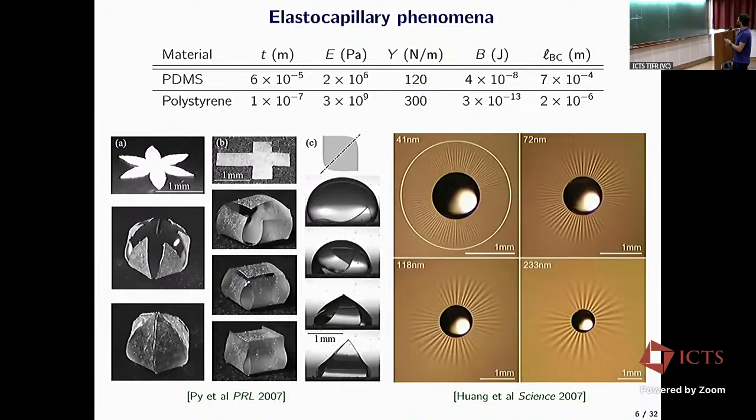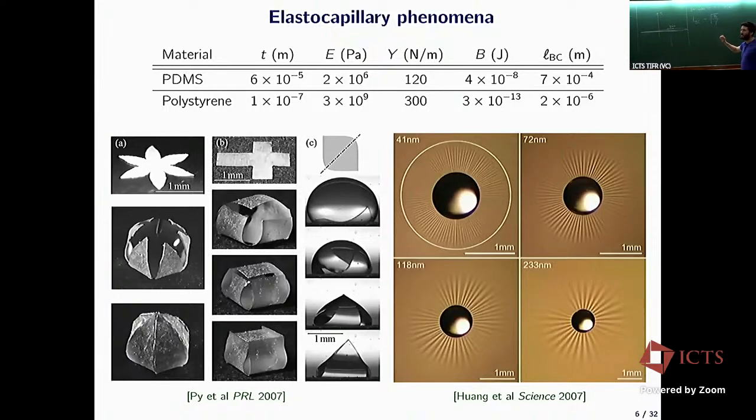And then we want to compare it to the bending modulus, but of course they don't have the same dimension, so we cannot compare them directly. To do that, comparing the two defines the bendo-capillary length, which is defined as the square root of B over gamma, the surface tension.